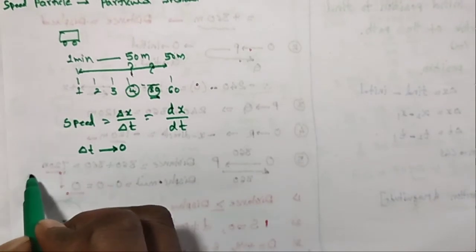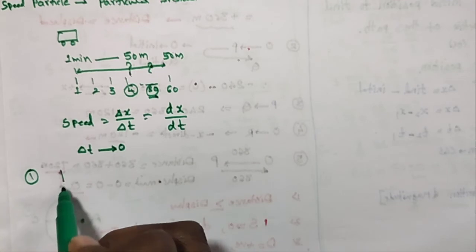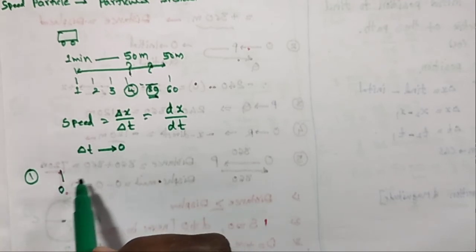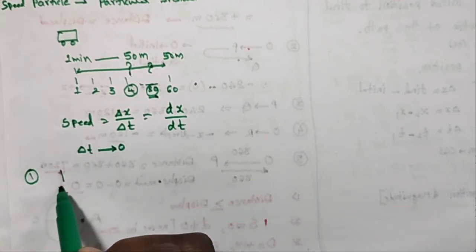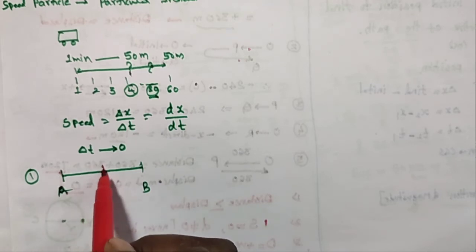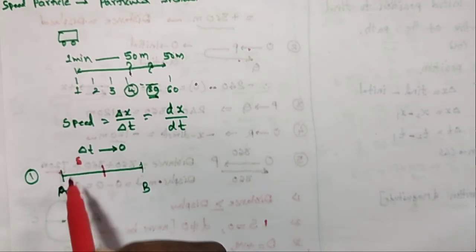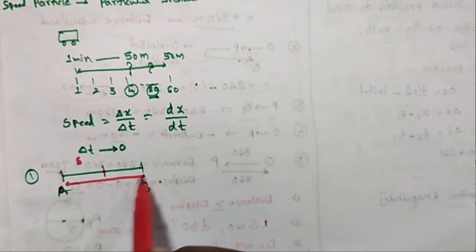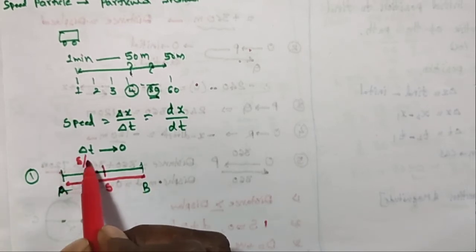Now for some applications, here is the first application. The body is traveling between two positions, A to B. Exactly half of the distance: the total distance I am taking as S, then half of the distance is S by 2.